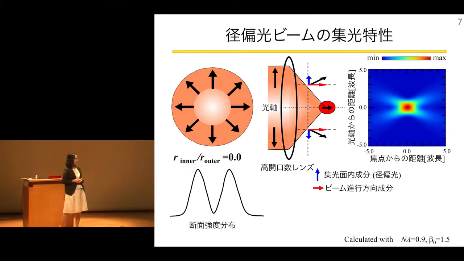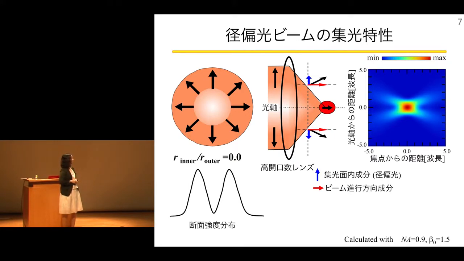Now let's look at the property of the polarized beam. Let's recall the vector that we learned at high school. The polarized light is described by those black arrows.